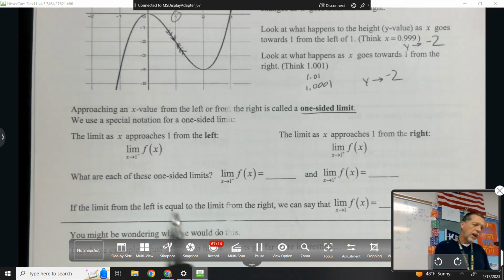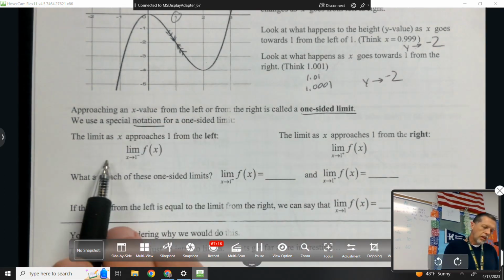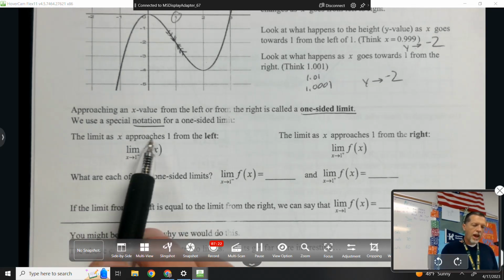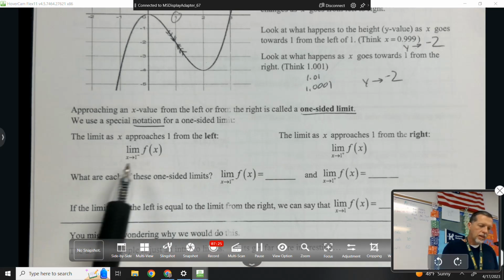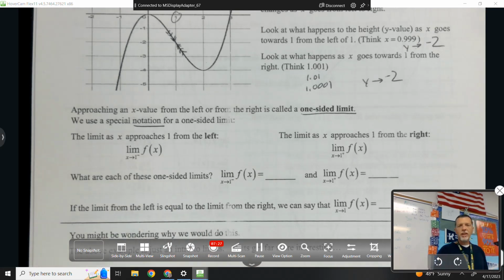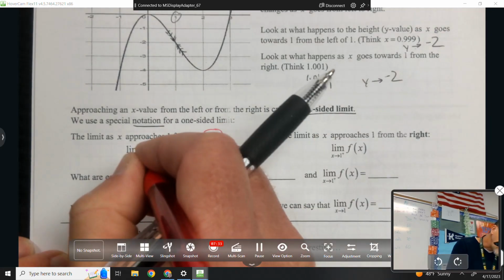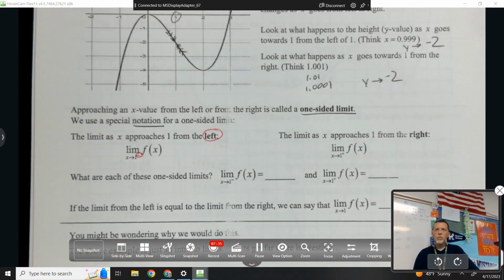Let's talk about notation and how to even say what we're looking at here. So how we say that is the limit, LIM, as x approaches 1 from the left. So x arrow 1 means x approaches 1. From the left is that little minus sign. So 1 minus.